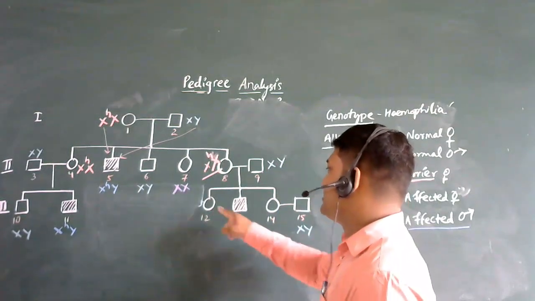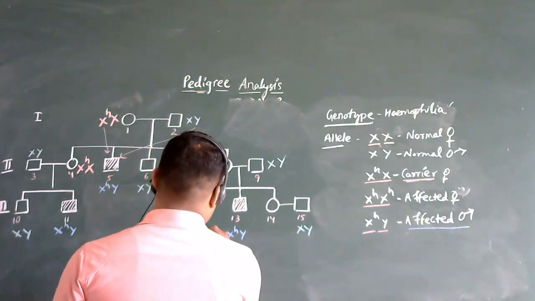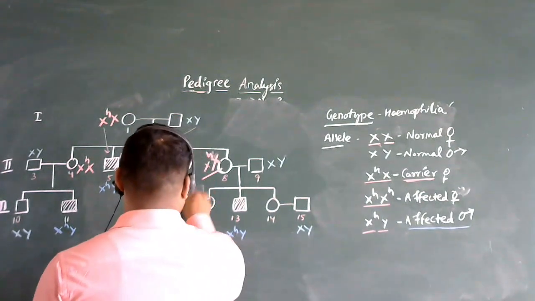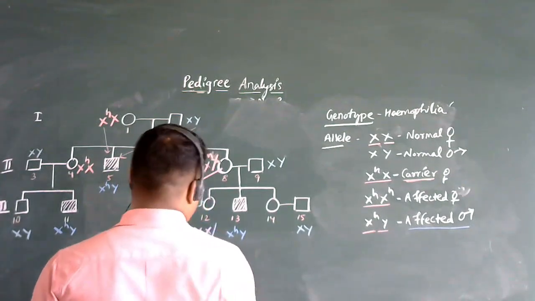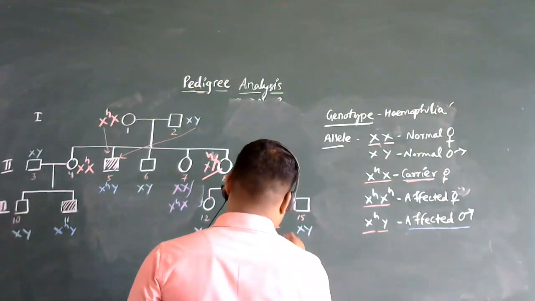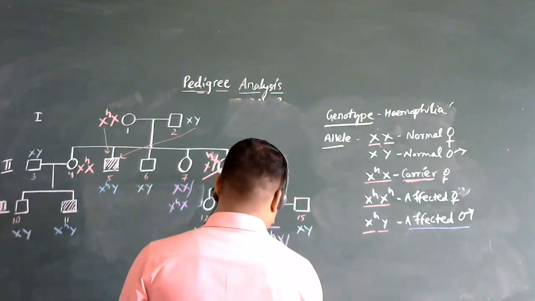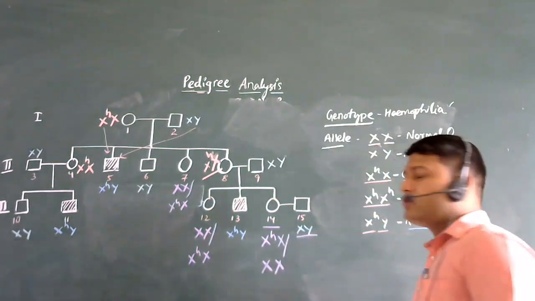Now about this female, she can be normal or carrier, so we are not bothered about that. It can be XX or XHX. This female can again be anything, XHX or XX, and this male, as we already wrote, is going to be a normal male.